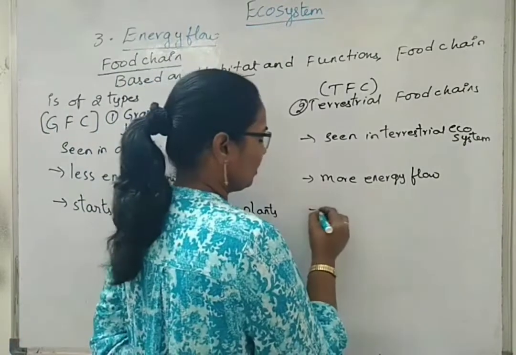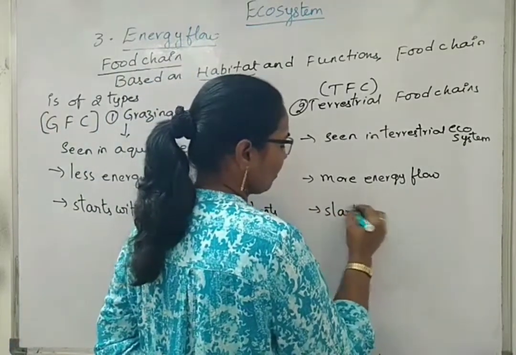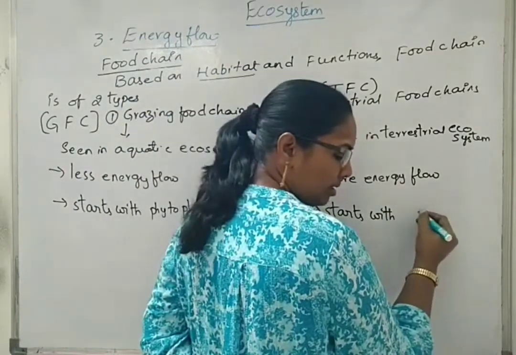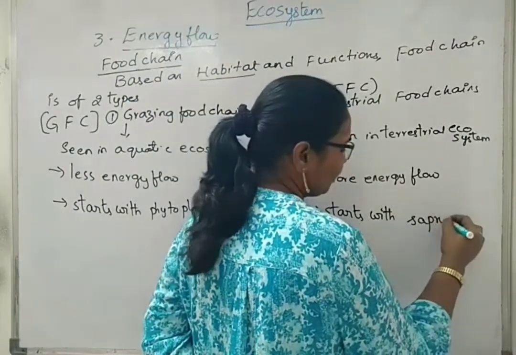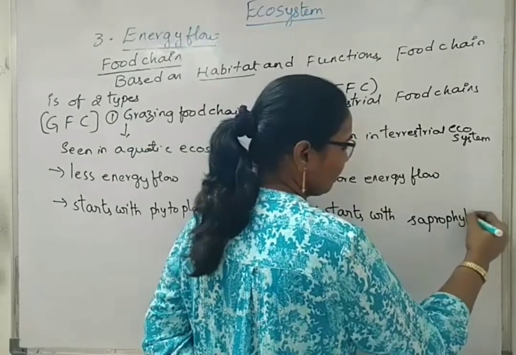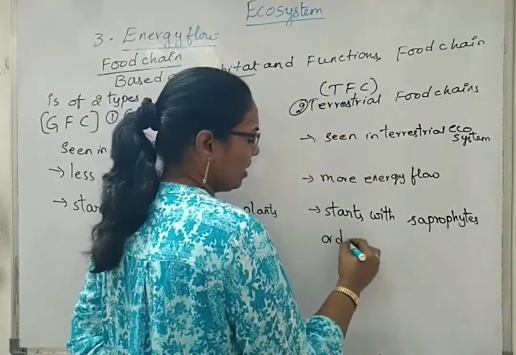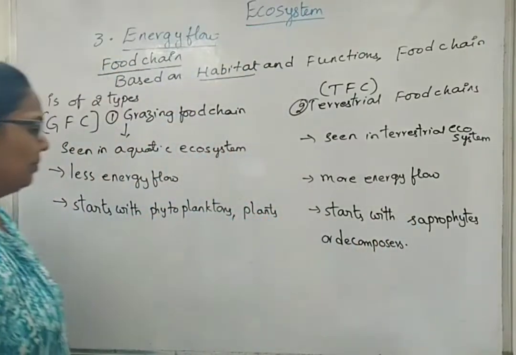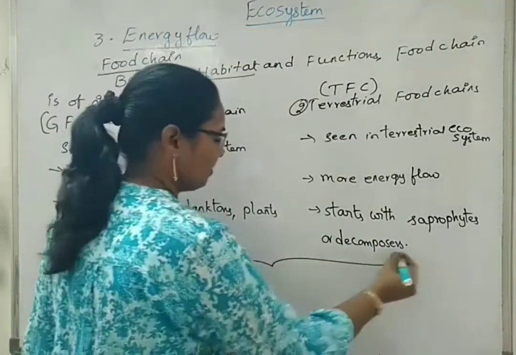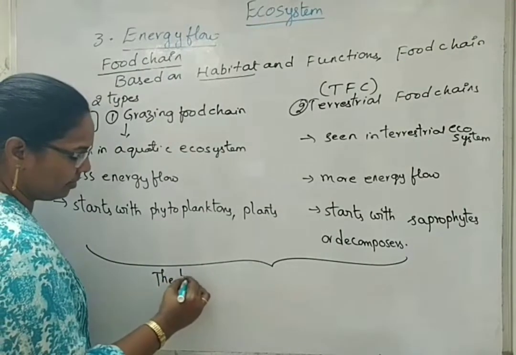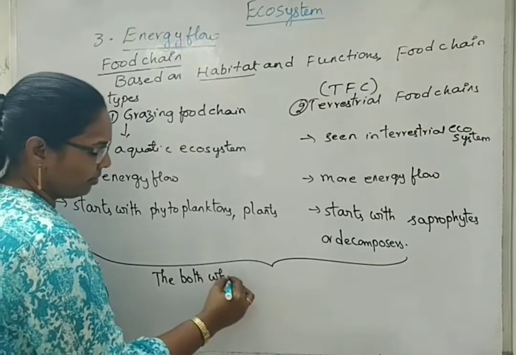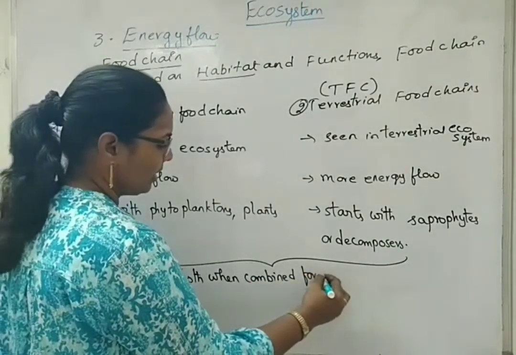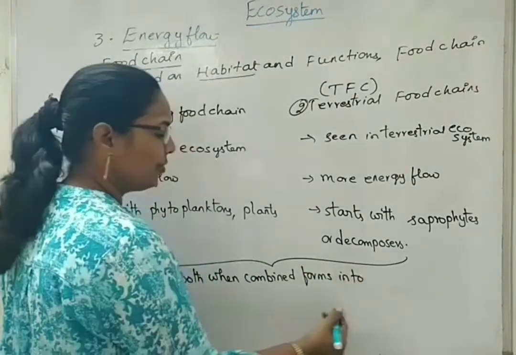Terrestrial food chain starts with saprophytes or decomposers. These both when combined form into a food web.